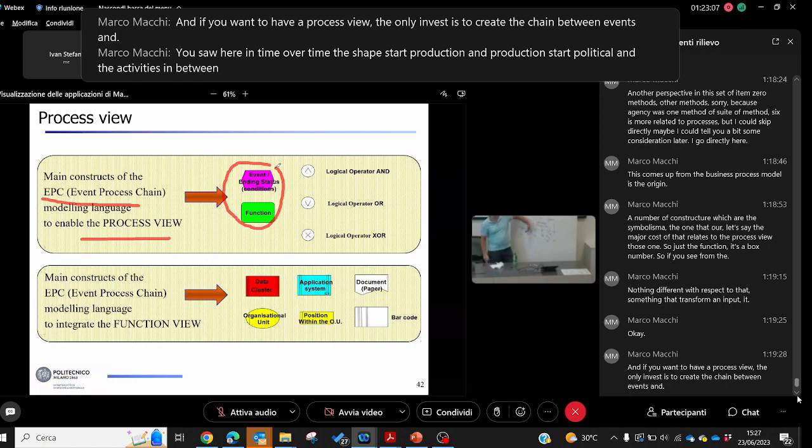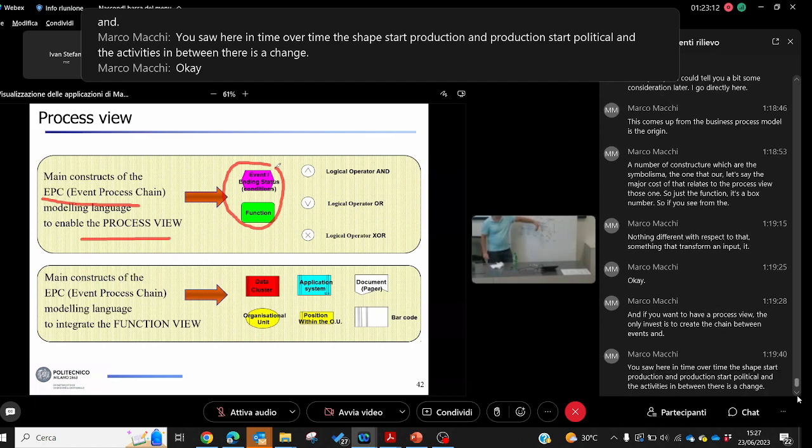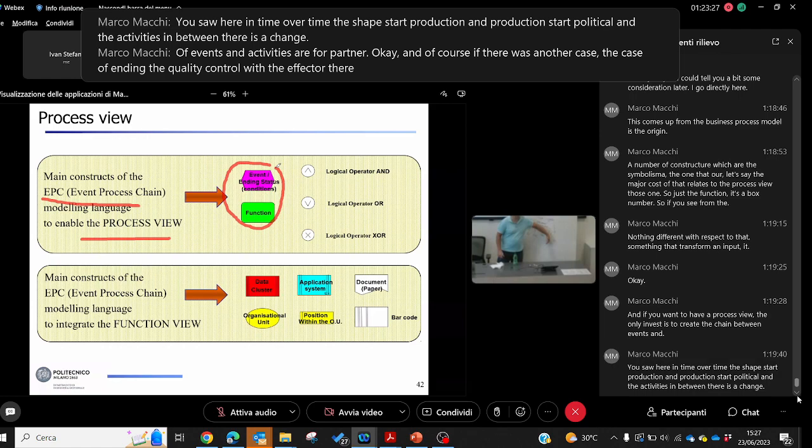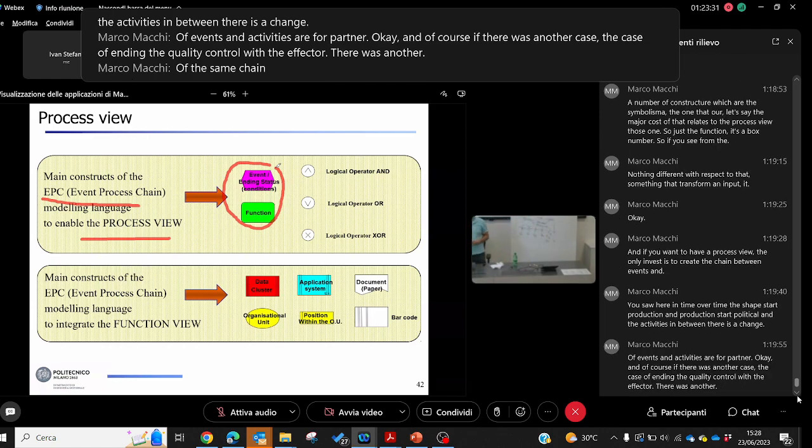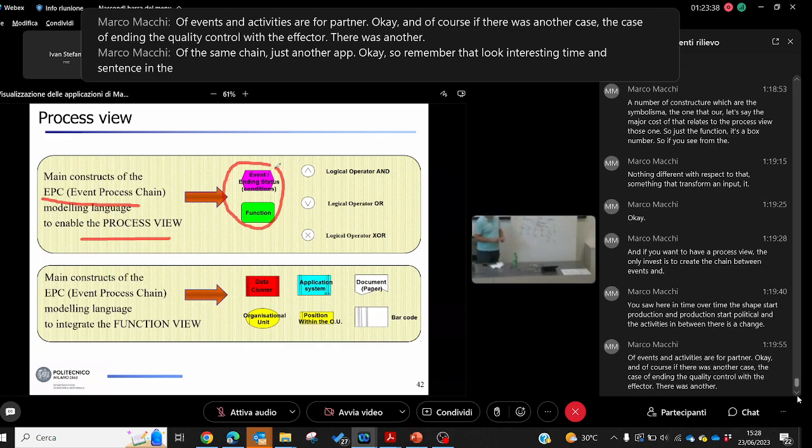There is a chain of events and activities or quality function. And if there was another case, ending the quality control with a defect, there was another realization, but in terms of logic the same chain, just another output. So remember that we're interested in time and sequence and decision logic.